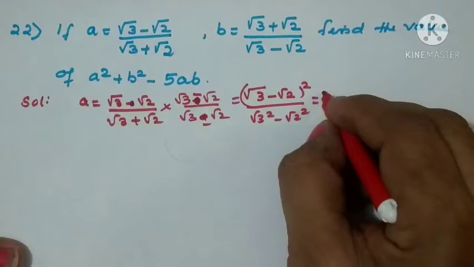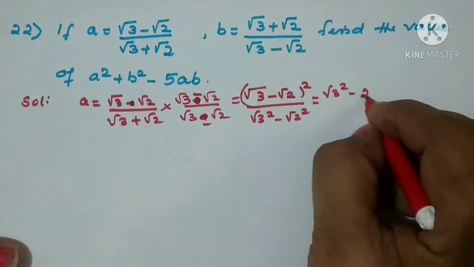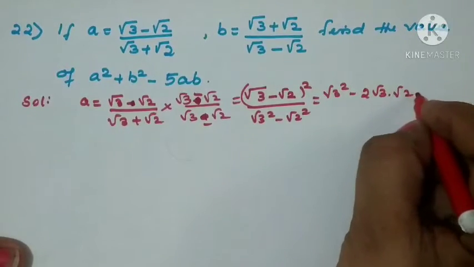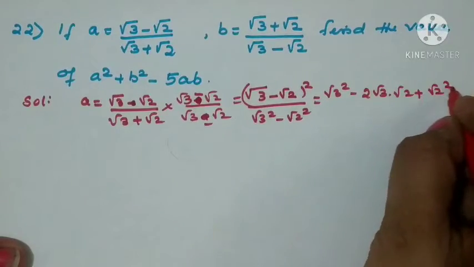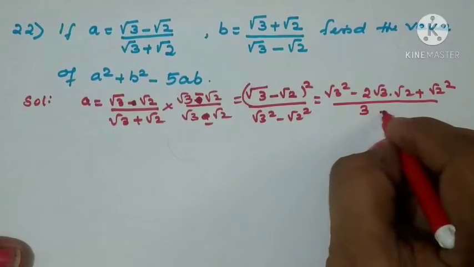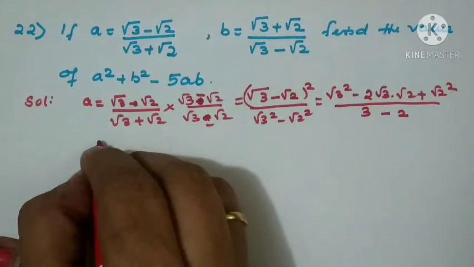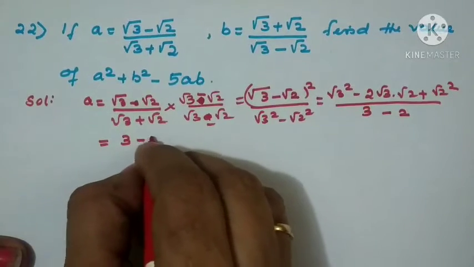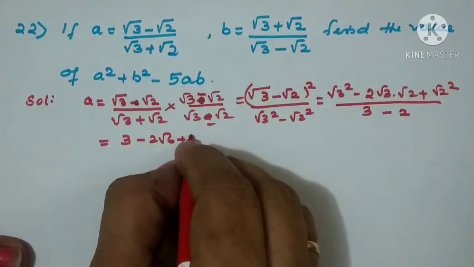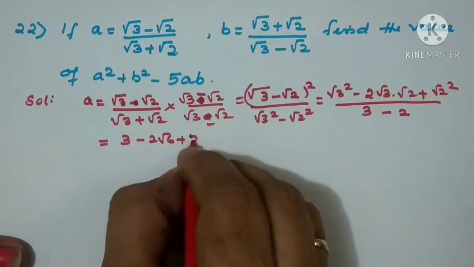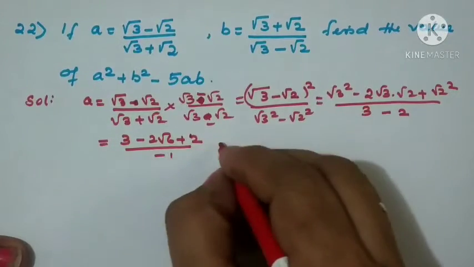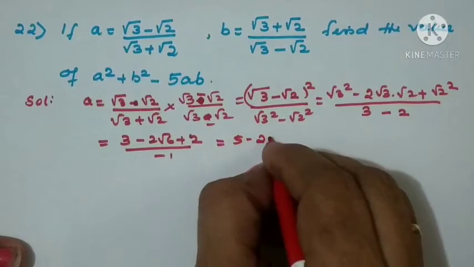That means root 3 square minus 2 root 3 into root 2 plus root 2 square, and 3 minus 2 in the denominator. So 3 minus 2 root 6 plus 2, that is 5 minus 2 root 6.